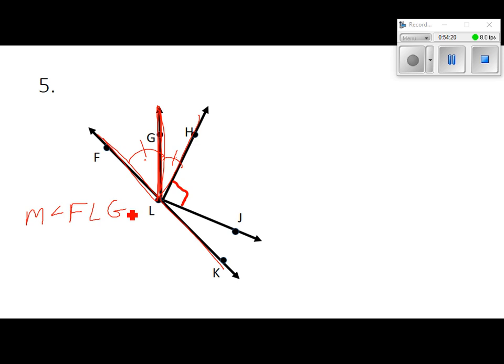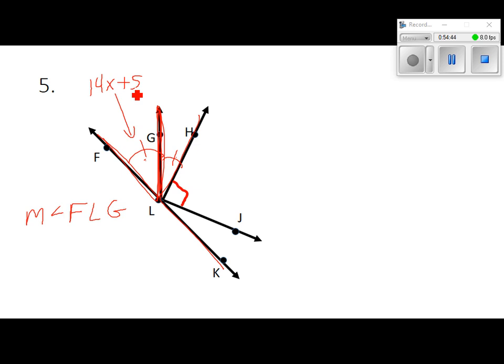Just know that that little M, that's all it means. Measure. Nothing hard about it. Measure of angle FLG is 14x plus 5. Well, FLG, that's this angle right here. I just put a little arrow pointing in at it to help me out and say that that's 14x plus 5. Does that make sense to everybody?